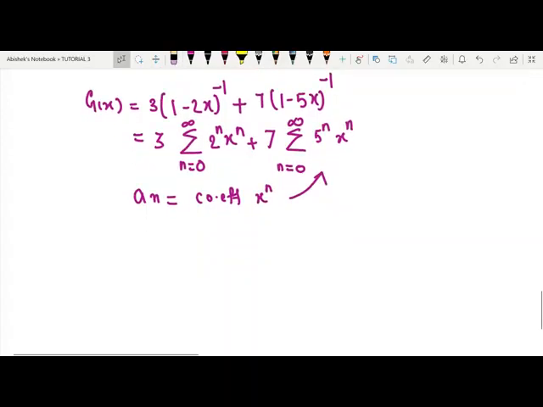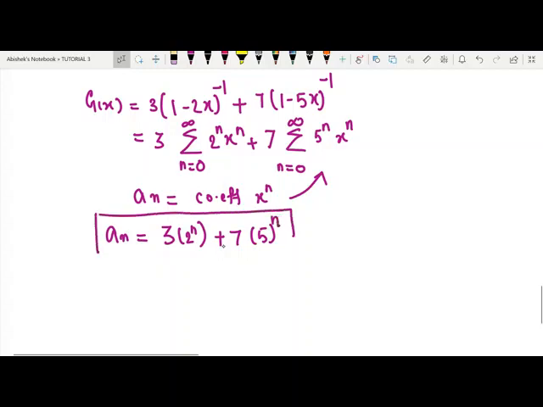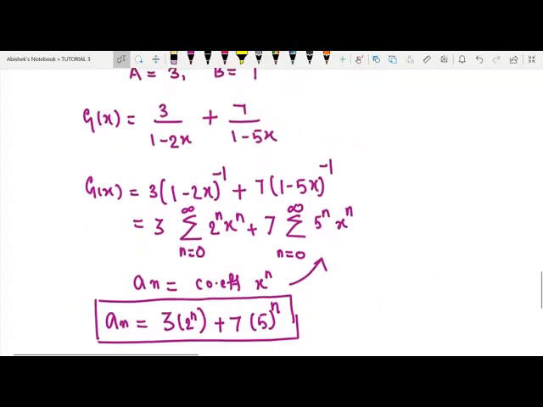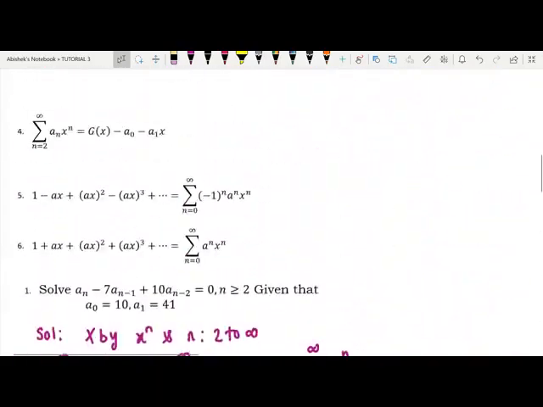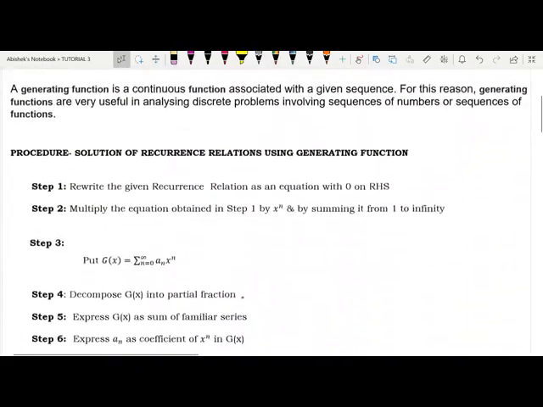Hence a n equals 3 times 2 power n plus 7 into 5 power n, which is the required solution for the given recurrence relation. We can solve many problems by using the above procedure. Thank you for watching this video.